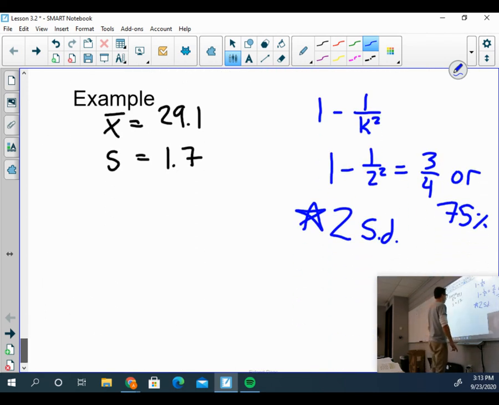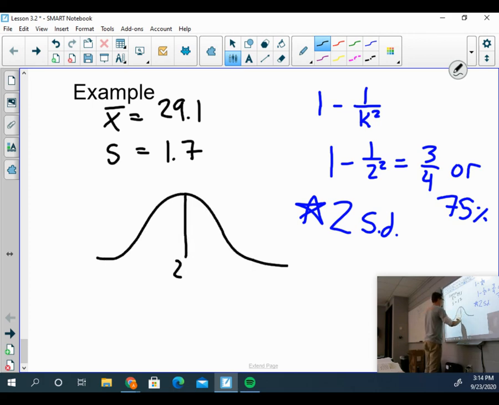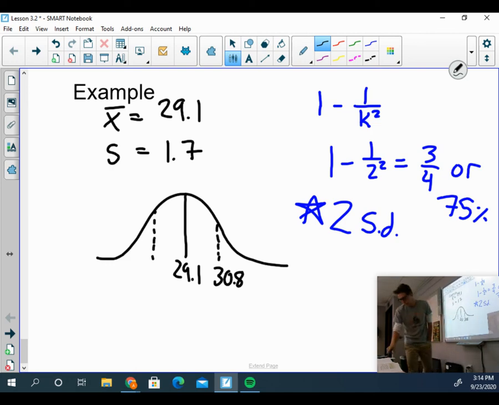So when you have a mean of 29.1 and a standard deviation of 1.7, well, if I draw that curve again, 29.1 is my mean, and I go up by 1.7, 1 standard deviation above is going to be 30.8. 1 standard deviation below, 29.1 minus 1.7 will be 27.4.